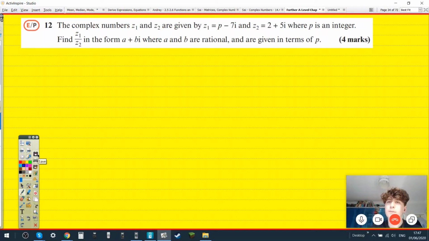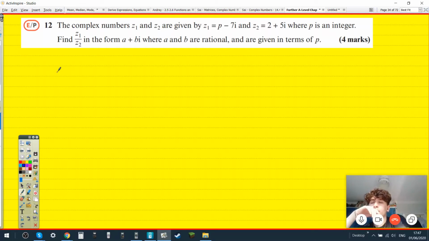The complex number z1 equals p minus 7i, z2 equals 2 plus 5i. Find z1 over z2. So then p minus 7i over 2 plus 5i, and then you multiply by 2 plus 5i over 2 plus 5i.